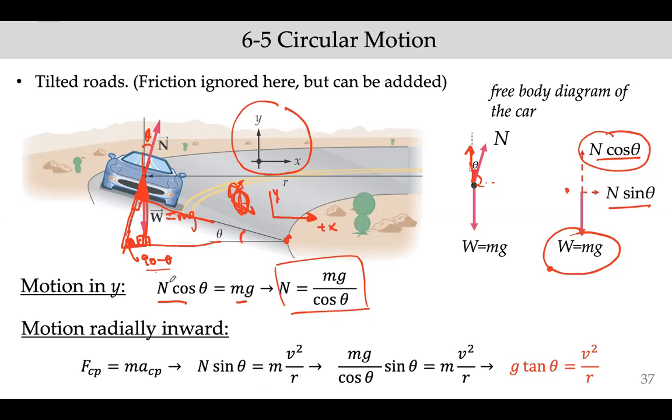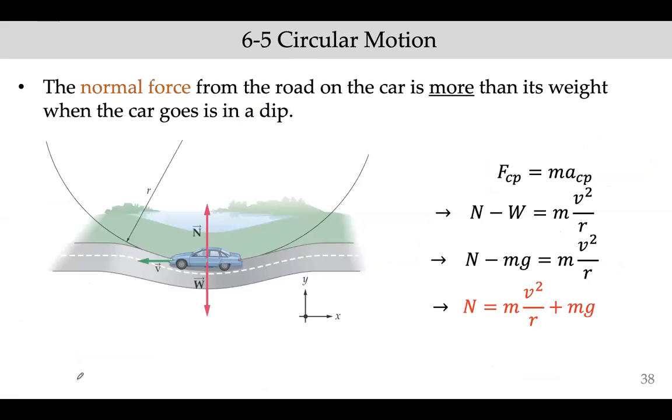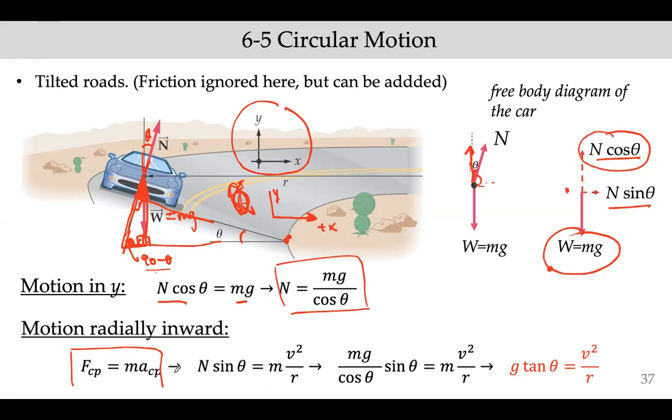Now for the motion that's radially inward, we are going to write F equals ma, but because it's circular motion, I'm writing them with c indices. What are the forces in the radial direction? Well, there's only one force, which is this, right? There's no other force.